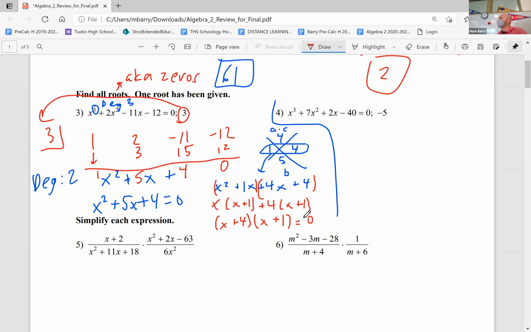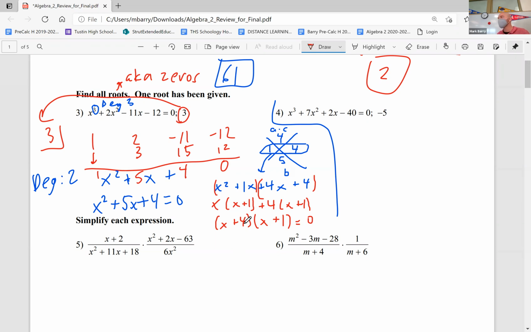Okay, we're almost done. So technically from there, what we're supposed to do is take these two parentheses and say x plus 4 equals 0 and also x plus 1 equals 0 and solve those, okay?